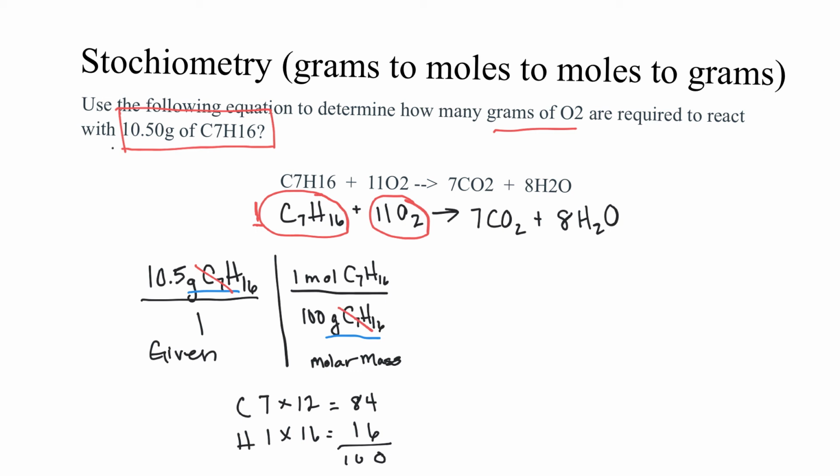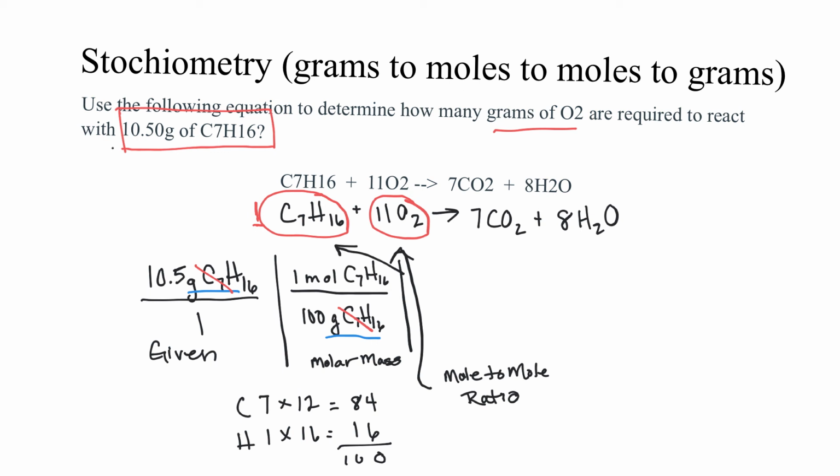And then our next step, we need to go from moles of C7H16 to moles of O2. And here we're going to use our mole to mole ratio, or our molar ratio. And we just get that from up here in the problem, right? So that comes from here.